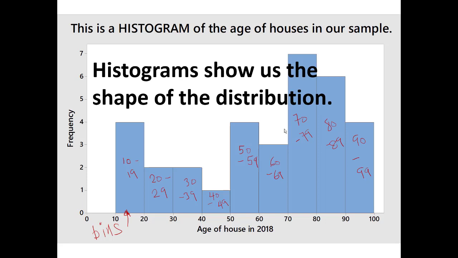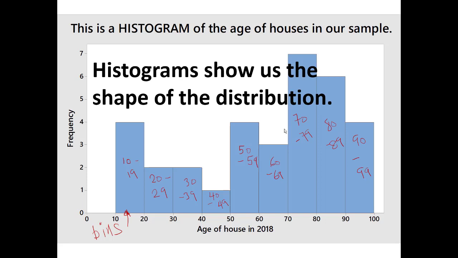All right. So this is then a histogram. And it shows us literally the shape of the distribution. If we had, instead of using bins that were 10 years wide, used bins that were 1 year wide or 5 years wide, the shape of our distribution would be somewhat different.